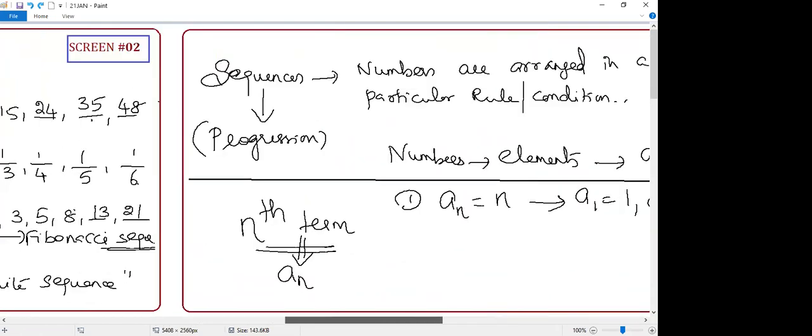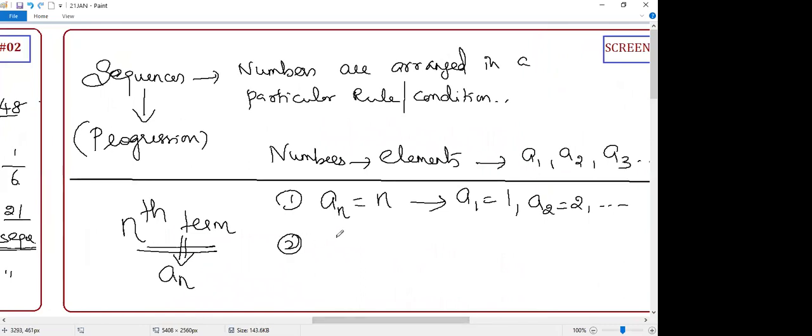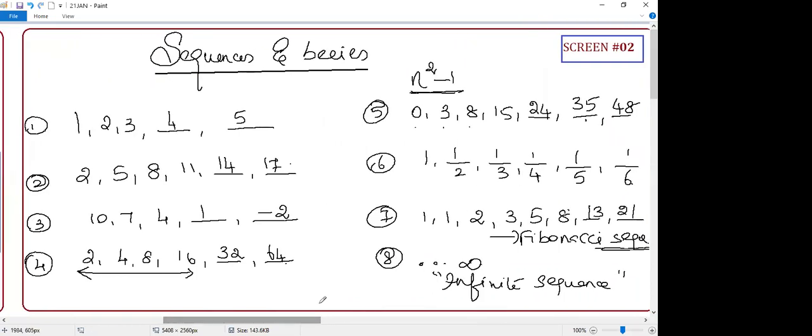Similarly, anyone can tell me what is the nth term of the second sequence? Are you able to find the common rule from which you can write your nth term? Guys, tell me what is the nth term here. You tell me some rule, student. I'm going to substitute n equal to 1, n equal to 2, and I should get these numbers.